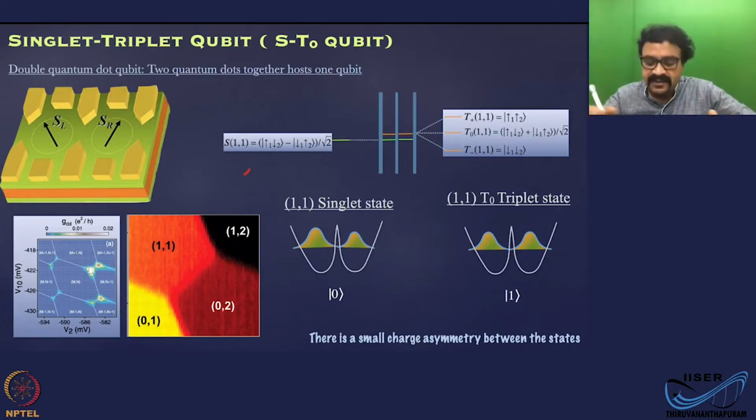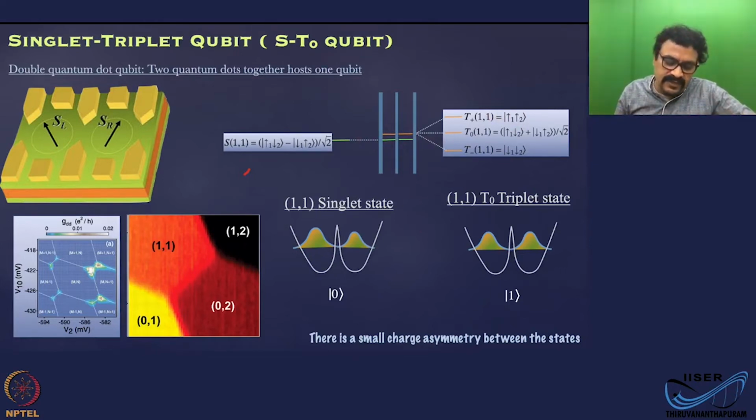But the states here are one singlet state and T0, this triplet state. They are very, very close in energy. And when you apply a field, only these two will be aligned and these two are different.